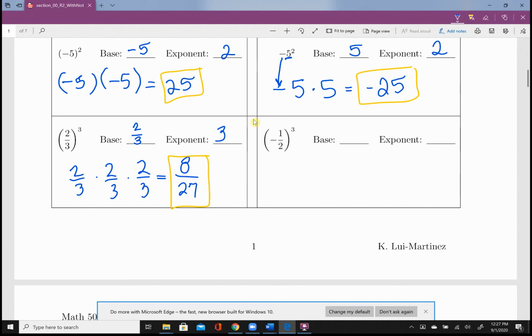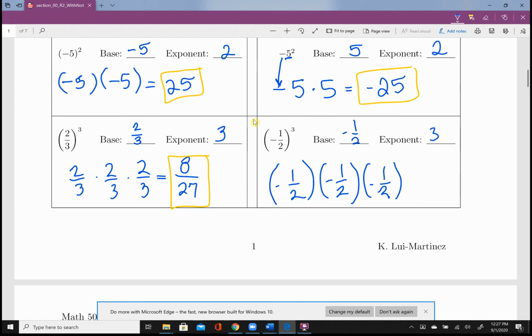Last problem of this type, we have -1/2 being multiplied 3 times over. For whatever reason, I am doing the expansion first, but the base here is indeed -1/2. Yes, the negative sign is part of the base itself, and the exponent is a 3.